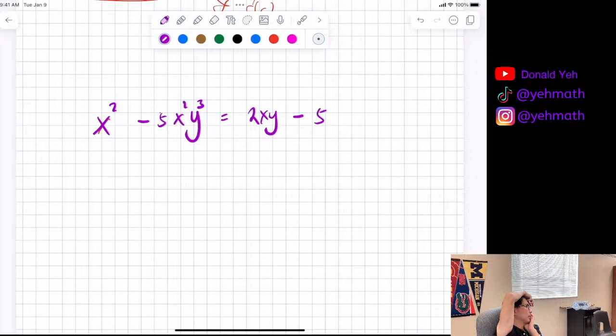Minus 10. Did you find it on both sides and isolate, leaving out exactly?